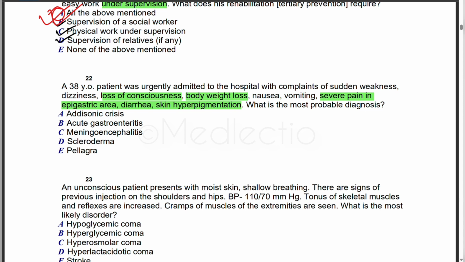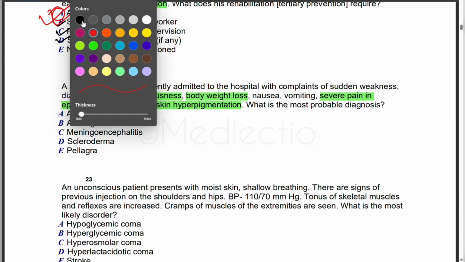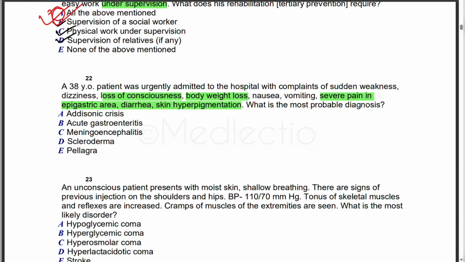So there we have these 5 diseases. First we need to differentiate the diseases and we need to know about them a little bit. So what is pellagra? It is the simplest one and an important one in the FMG exam also. Pellagra is due to deficiency of niacin or vitamin B3. We have a mnemonic for pellagra.